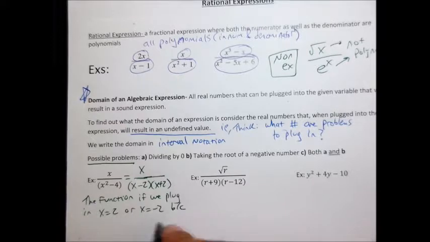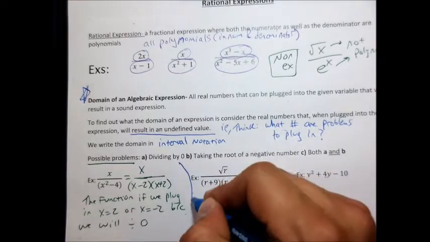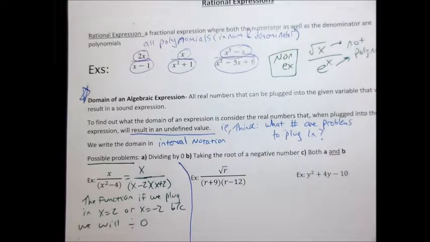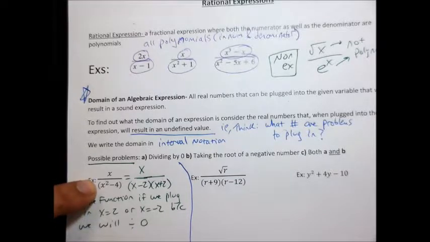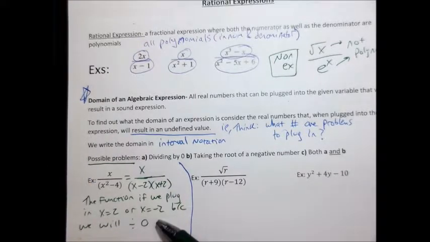And so that's indicating to us that 2 and negative 2 are not in the domain. Those are the only 2 numbers we're not allowed to plug into this particular function. Any other number you can think of is okay. 0 is fine, a million's fine, 2.8 is fine, pi is fine, right? Any number except 2 or negative 2. Does that make sense?